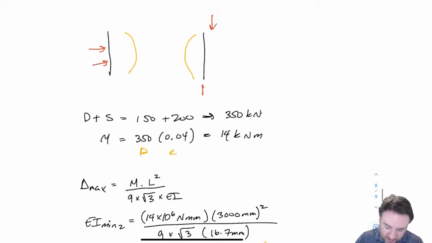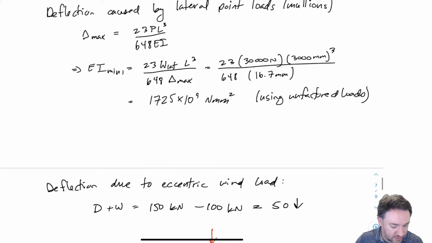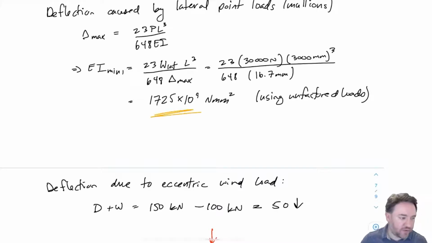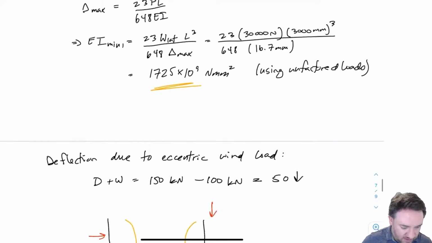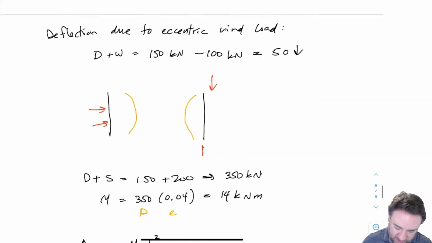So that is an order of magnitude, well, not quite, half an order of magnitude lower. So this is really the one that's going to govern, the one up here. That's the high strength that we're going to actually need. So that's my required EI min, 1725.